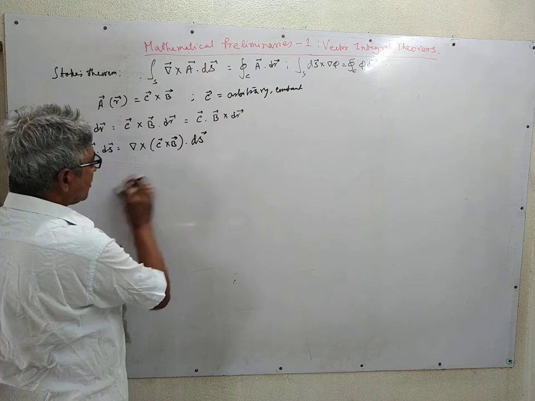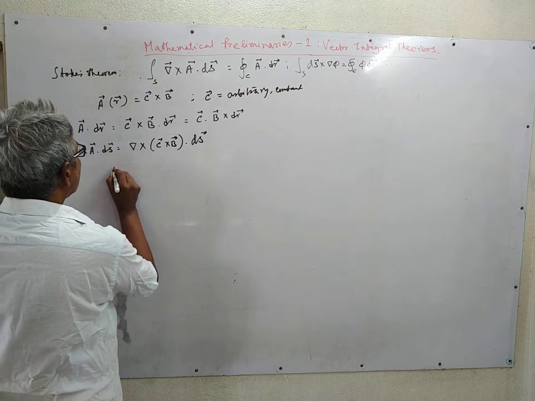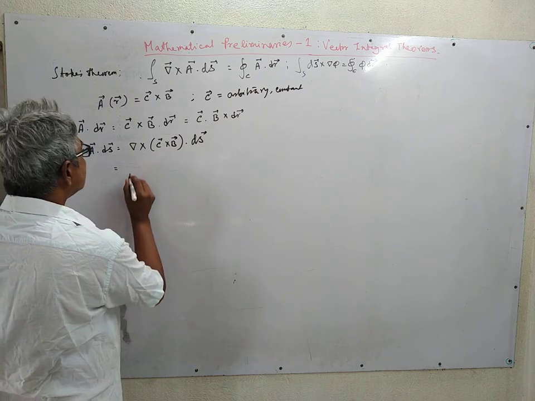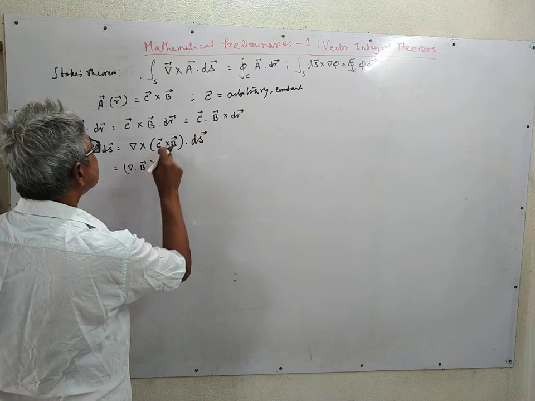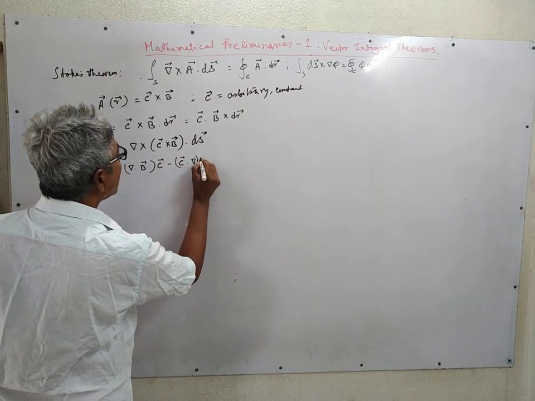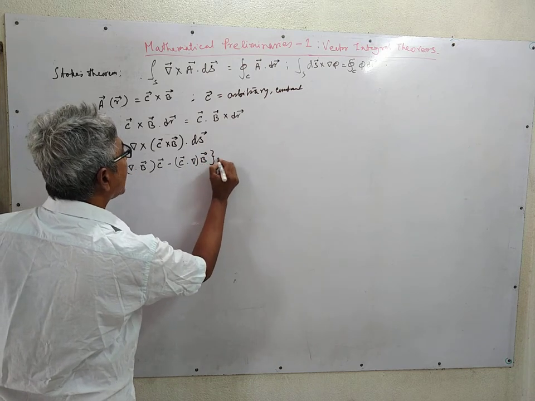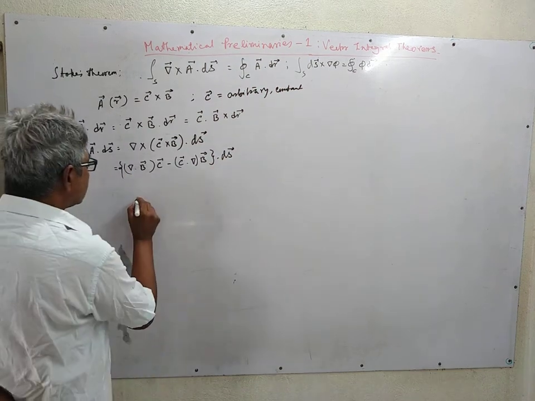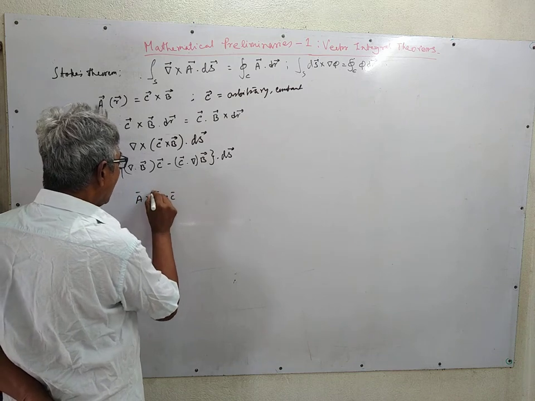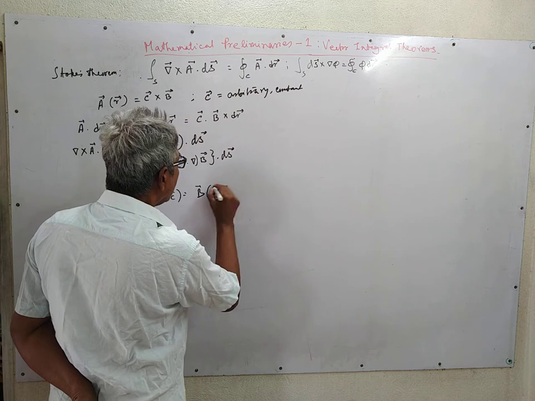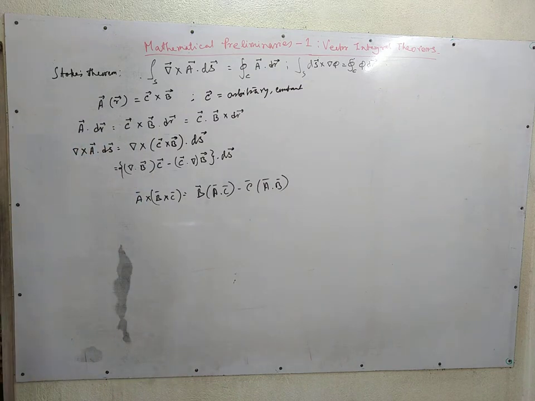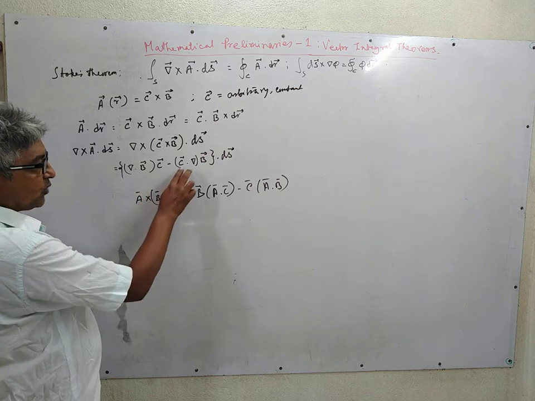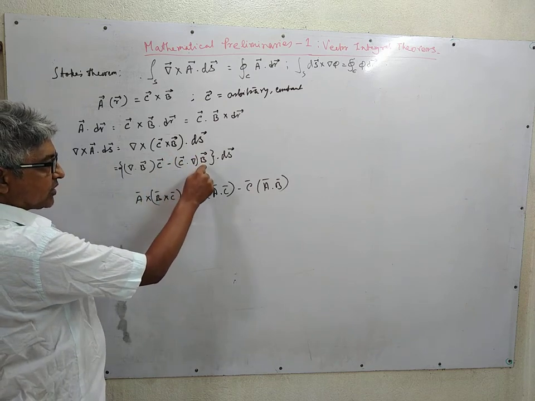So we write this as divergence B times C. Here we have used the back-cab rule, that is, A cross B cross C is equal to B times A dot C minus C times A dot B. We have kept in mind that nabla can operate only on B, not on C. That's why it is written as C dot nabla and B is written on the right.